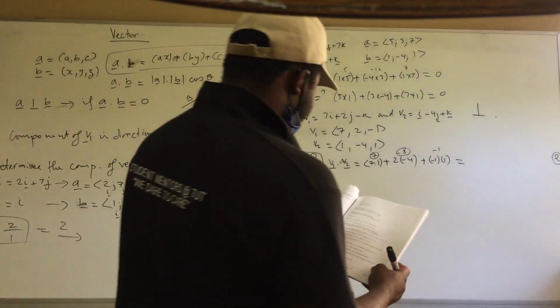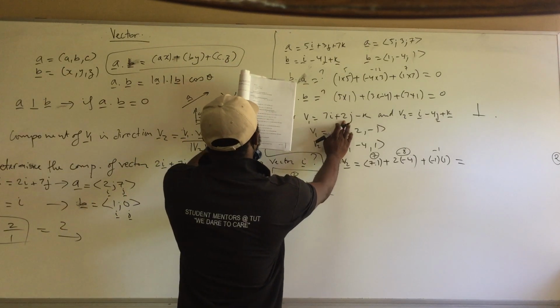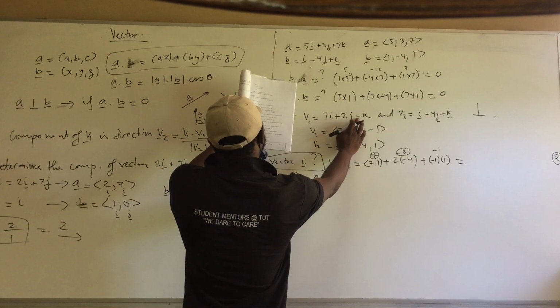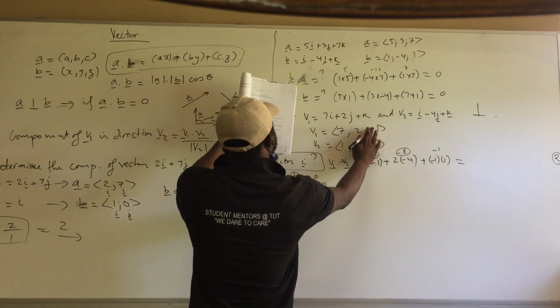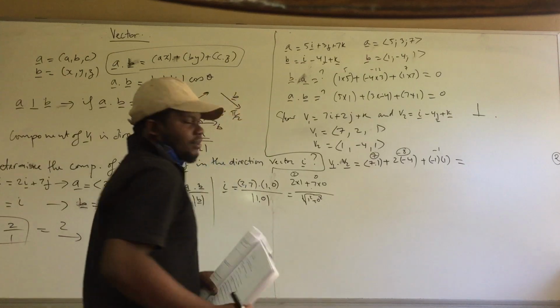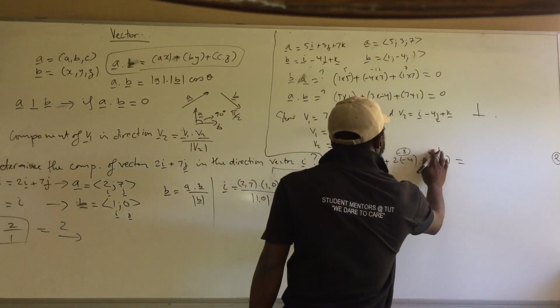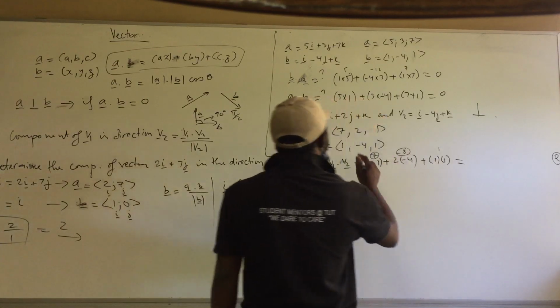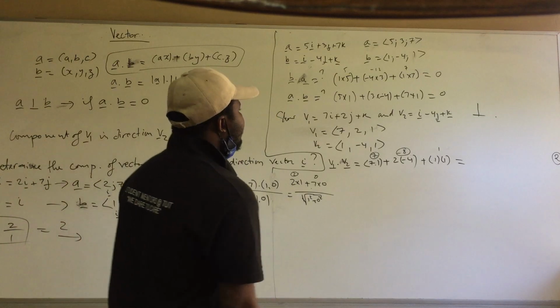Yes, I made a mistake. It is 7i plus 2j plus k. It's a plus k here. Sorry guys. It's plus k. Okay? It is a plus k. Sorry. It's like this.